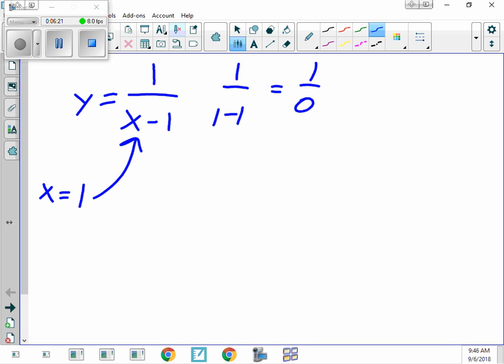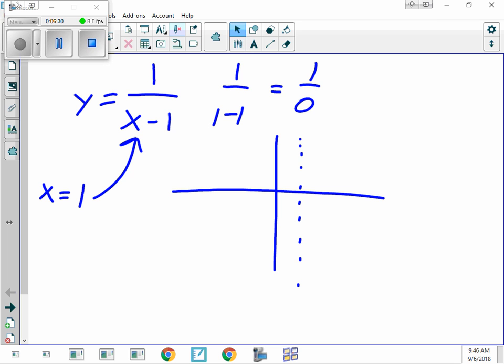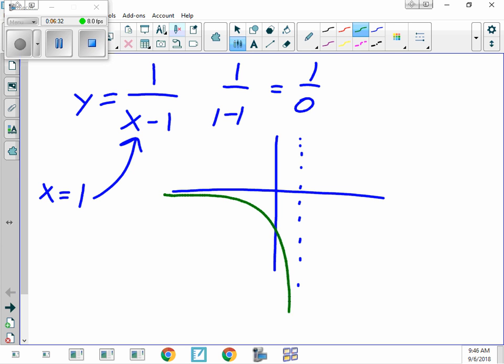We can draw a line that goes in that direction, but we can't actually get there. So this graph looks like this. Okay. And if you plug in x equals 1, there is no spot on the graph that touches. Okay? So if I try to plug this in, I miss. And that's a vertical asymptote. We'll talk more about that in the future.